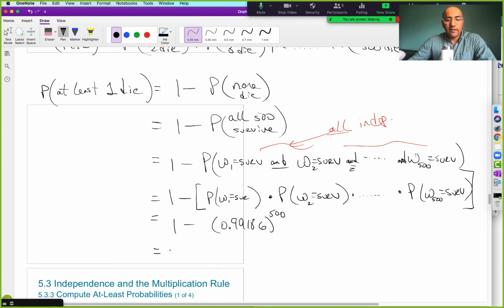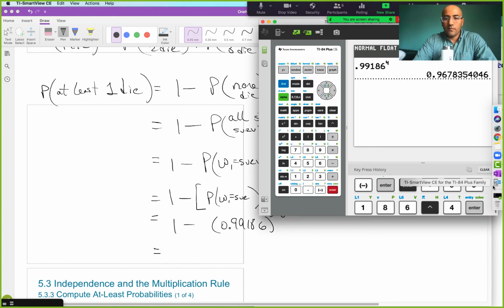Okay, so let's put that into our calculator. And we get 1 minus, and I'm going to put this in parentheses just to make sure it doesn't mess with it, 0.99186 to the power of 500.